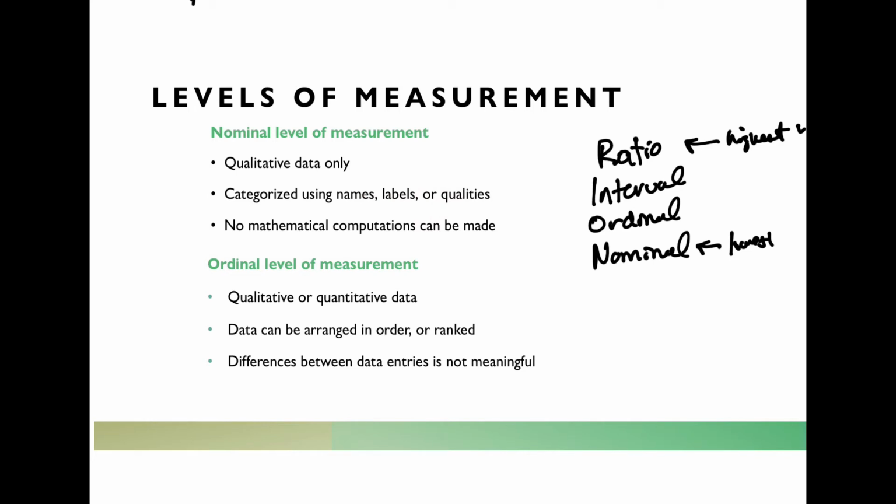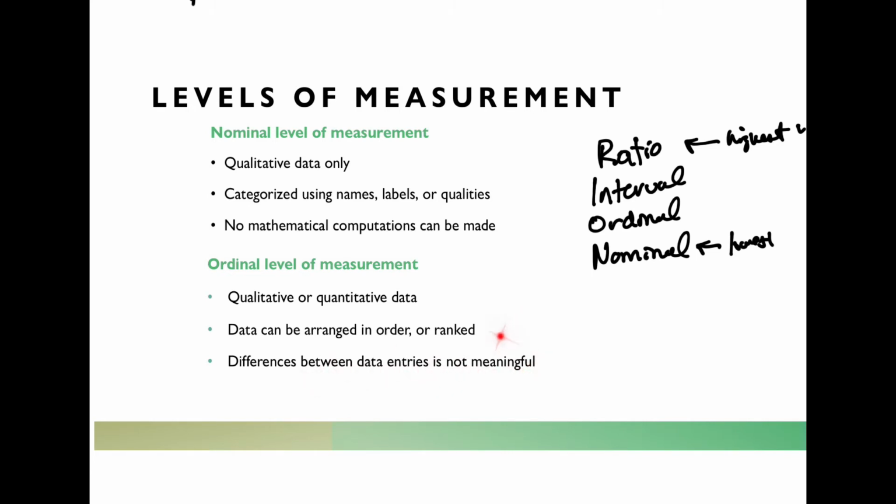For example, the majors at a university don't really have any kind of ranking to them, and there's no way for us to organize those in a way that has meaning. The differences between data entries are not meaningful.